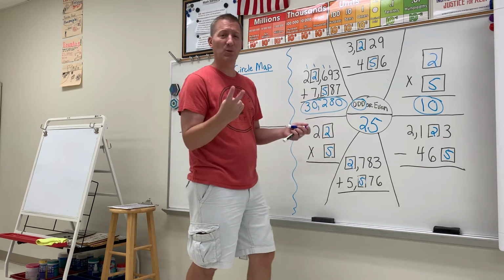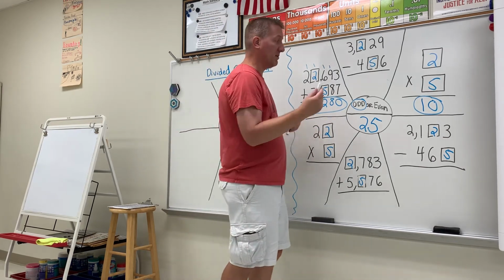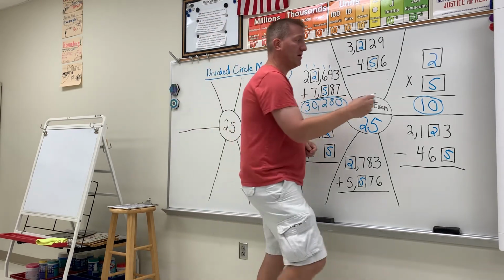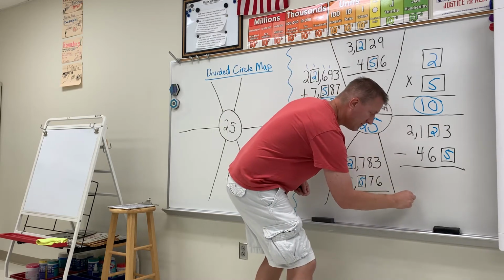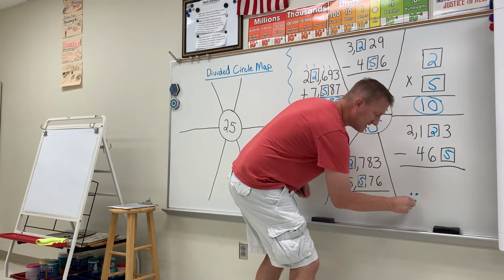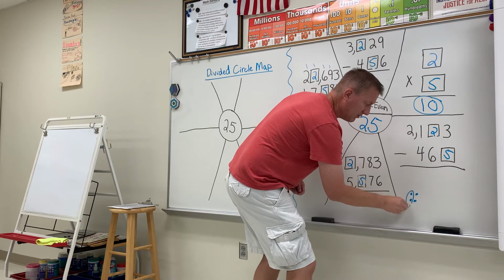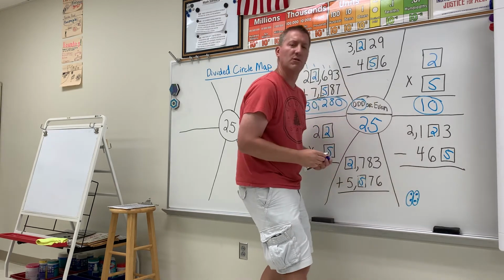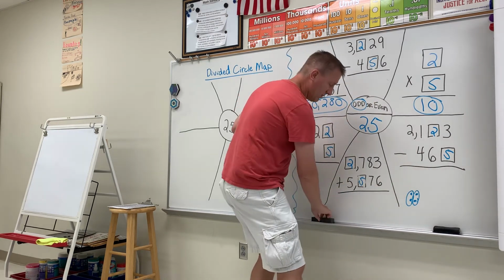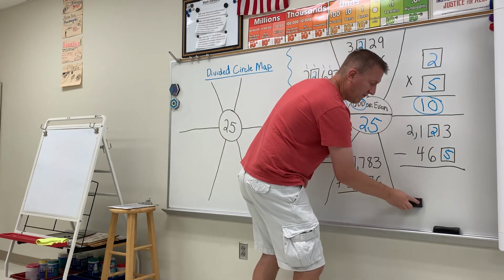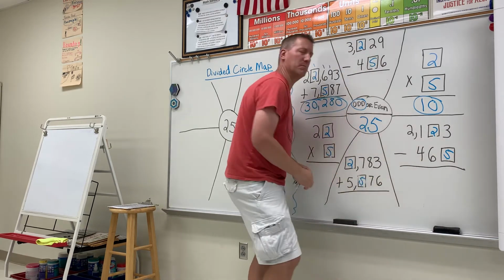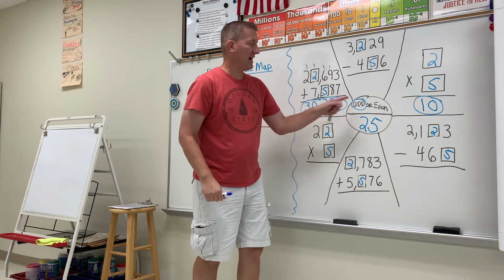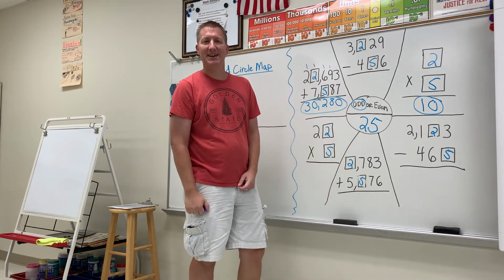If you have equal groups, like the number 4, you have 4 dots, and you can make a group of 2 and a group of 2. There you have equal groups. So 4 would be an even number, but 25 would be an odd number.